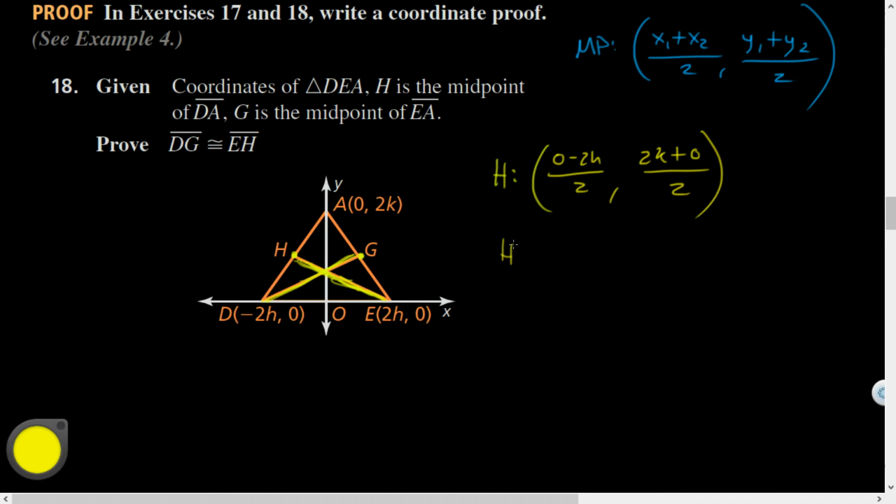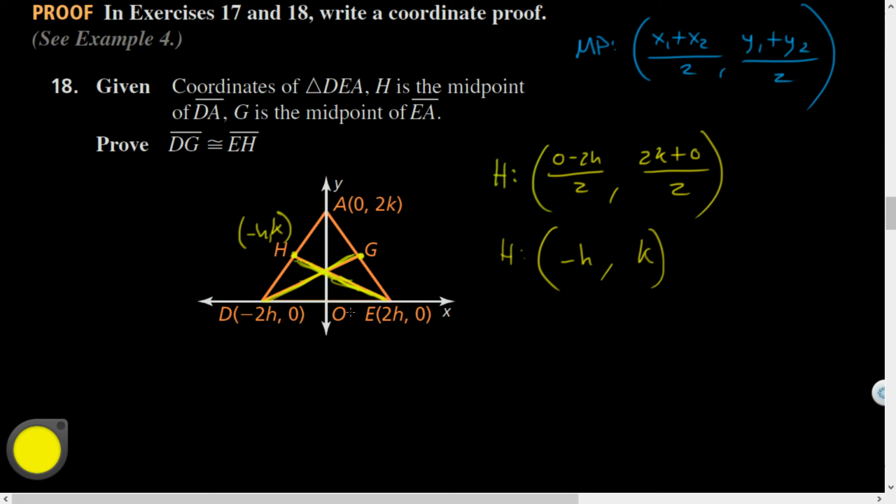All right, so h is going to be 0 minus 2h is negative 2h, divided by 2 is just negative h. And 2k plus 0 is 2k. 2k divided by 2, those 2's cancel out. I'm just going to get k. So there's the coordinates of my friend capital H there.